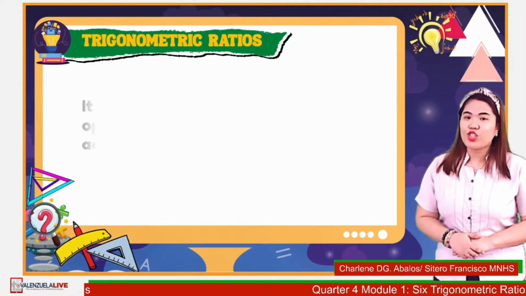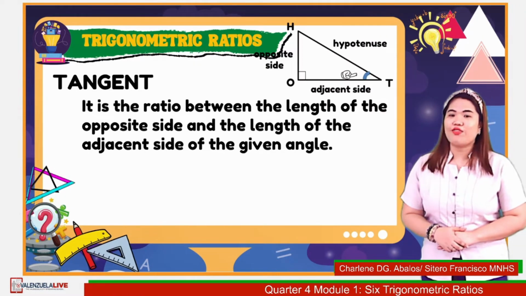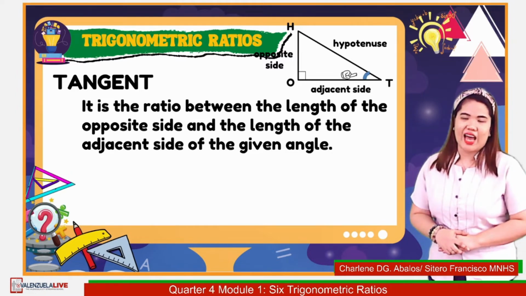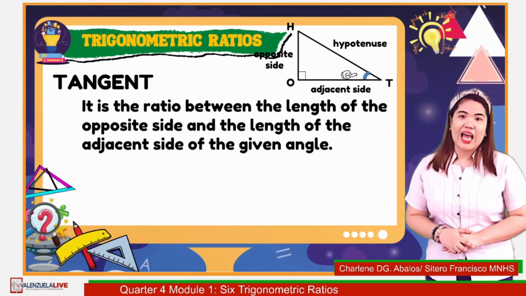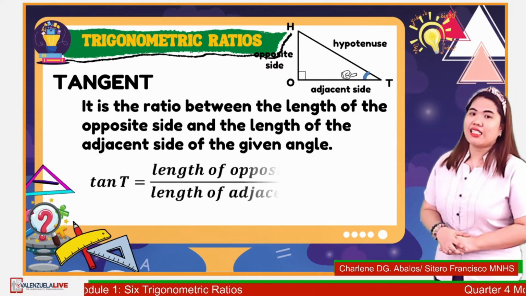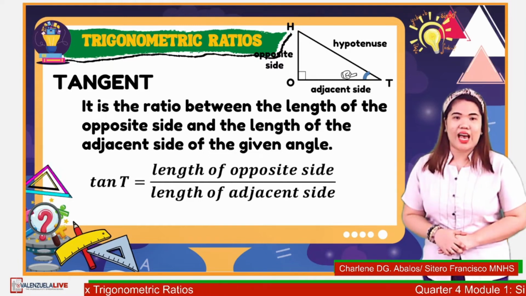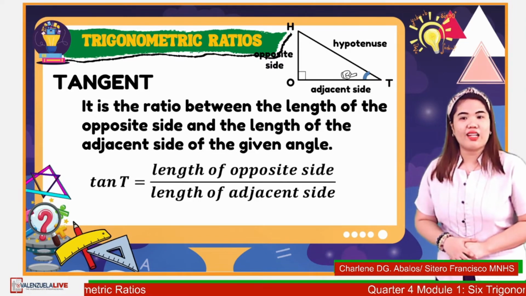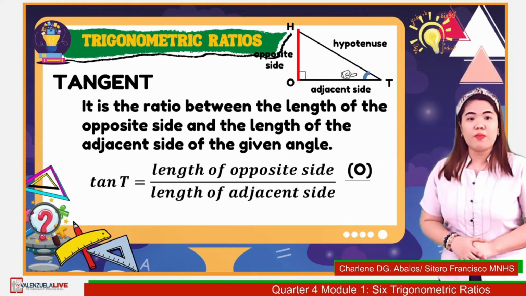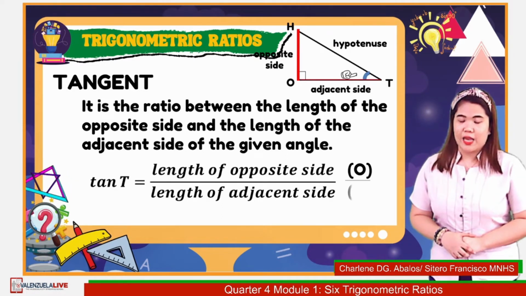It is the ratio between the lengths of the opposite side and the adjacent side of the given angle. Hence, we have tangent T is equal to the length of the opposite side, which can be represented as O, over the length of the adjacent side, which can be represented as A.